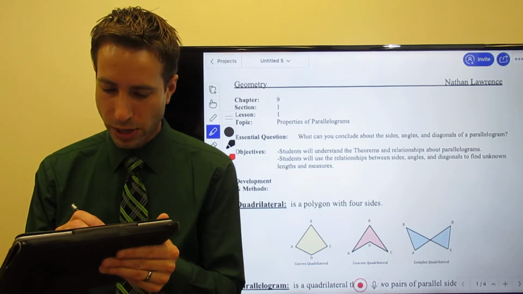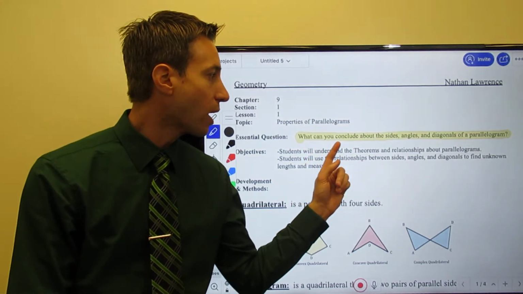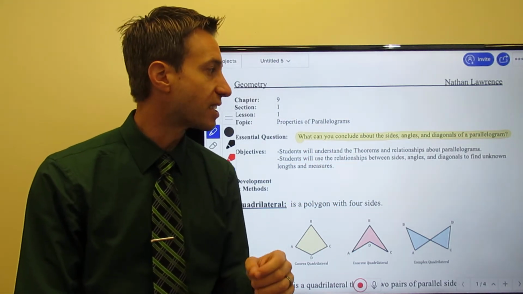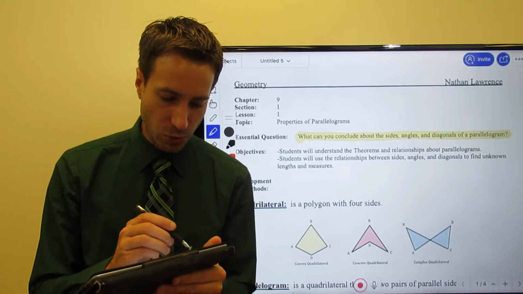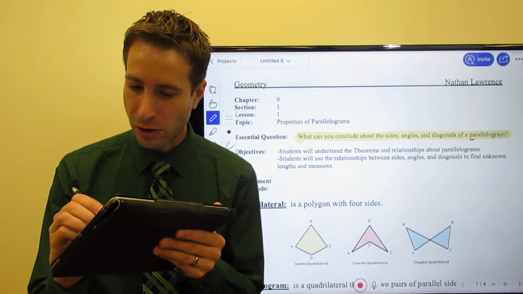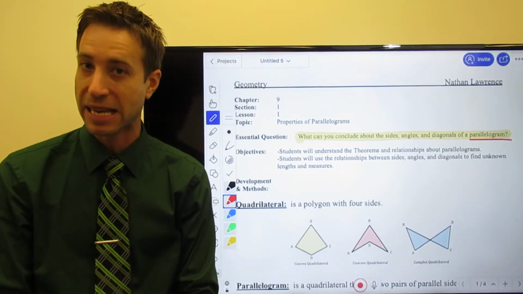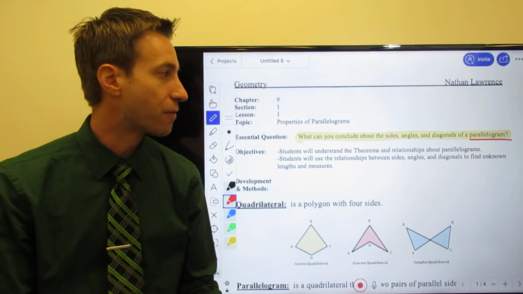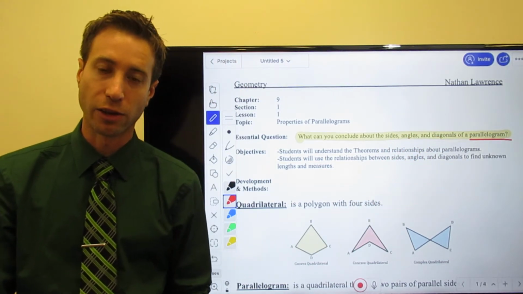As always, our essential question is simply this: what can you conclude about the sides, angles, and diagonals of a parallelogram? In just a second we'll talk about what a parallelogram is, and then we'll give you some information about the sides, the angles, and the diagonals of parallelograms.